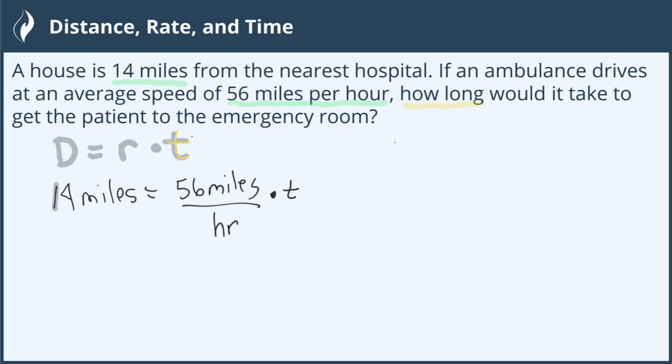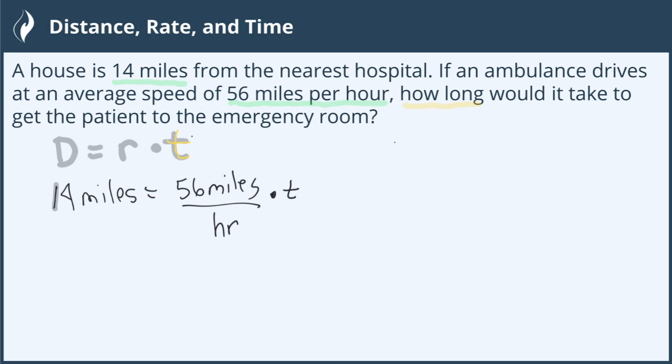Notice I'm working with the fractions that we have here. Miles per hour are actually rates and conversions that you're going to be working with, and I'm putting them in right now so that you can see how they have a tendency to fall away. So we have 14 miles equals 56 miles per hour times time.